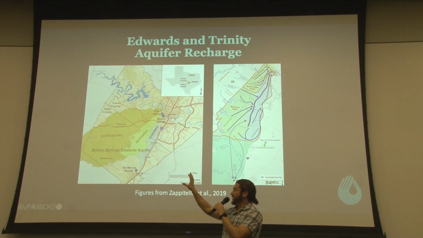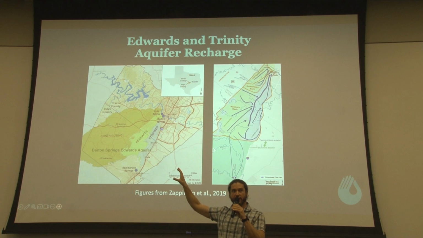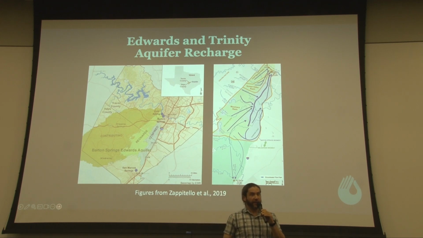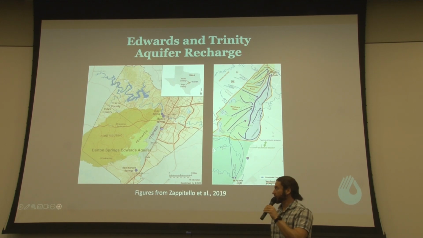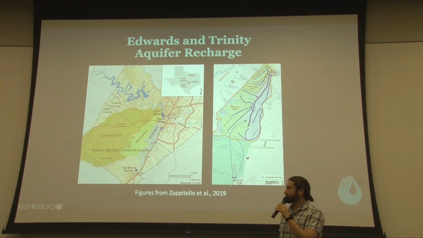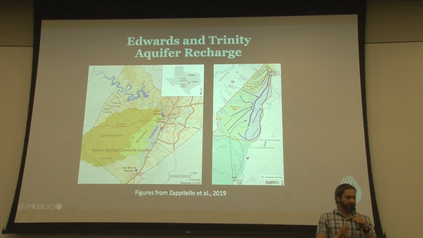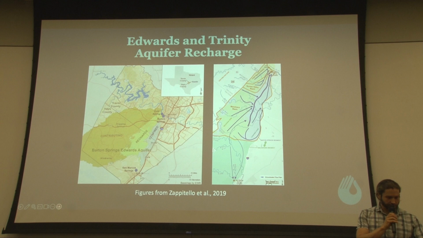So any surface water flow that doesn't directly recharge the Trinity Aquifer will make its way via these streams over the Edwards Aquifer recharge zone. But again, a lot of these streams are showing very low flows. Really the Blanco River is the only stream that's had consistent flow throughout the last few years. And even the Blanco is fairly low. So it's been not a good condition for aquifer recharge.